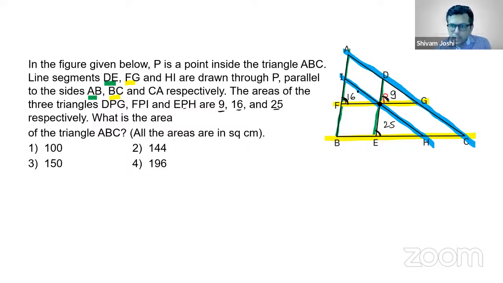Similarly, I can say this angle and this angle are also equal. You might wonder why are they equal? Because see, the sides are parallel, correct? So whenever you draw a transversal here, these all become corresponding angles, and those corresponding angles will be equal. Hence, this gives us a similarity, right?